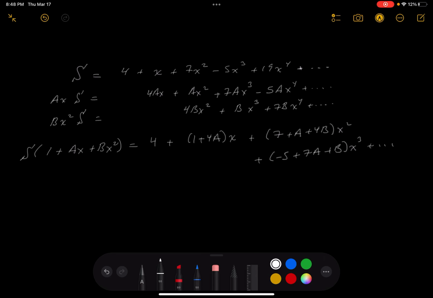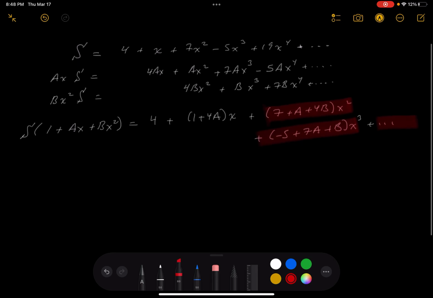Now, what I'm looking to do is get things to disappear, right? And by the way, when I say that, let me just write this down. I want this thing to disappear. I want this thing to disappear. And I want everything else to disappear. All right? Now, again, the assumption is second order, so let's see what happens.